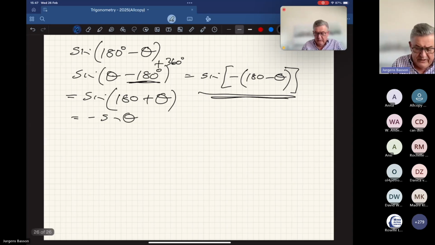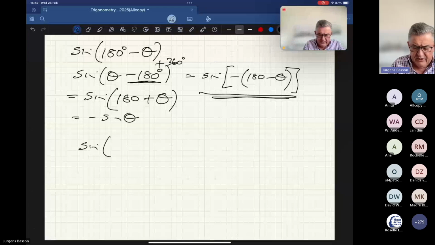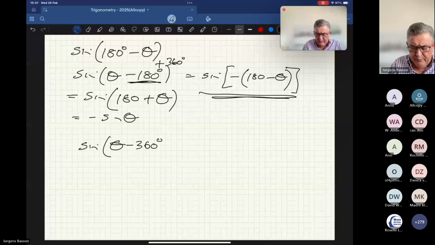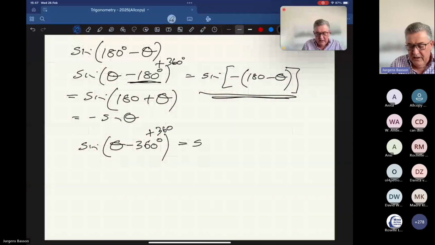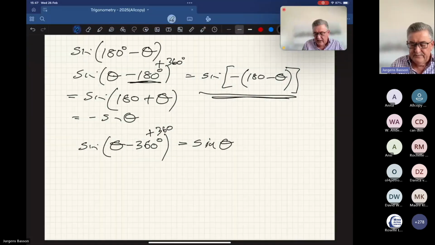By the way, the 360 is really pretty beautiful, because if I want to know in which quadrant this is, and I add 360, then I know immediately it's sine theta, so it's in the first quadrant. Which is quite straightforward.